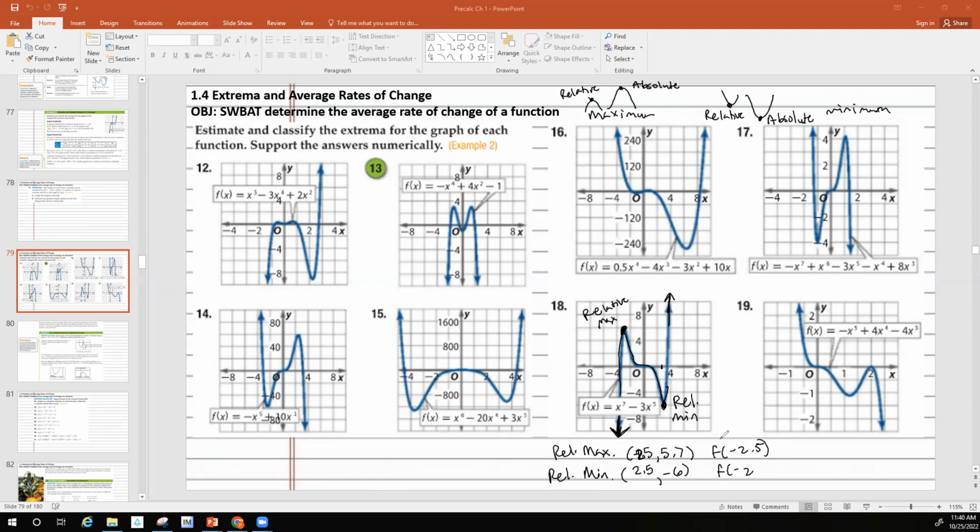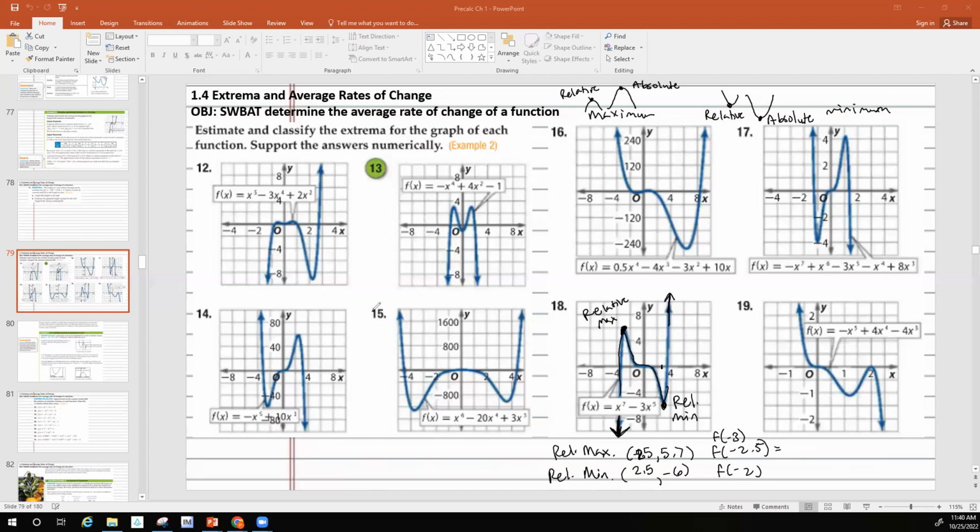So negative 2 and f of negative 3. All right, see what you get. So yeah, there you go. And feel free to try the others.